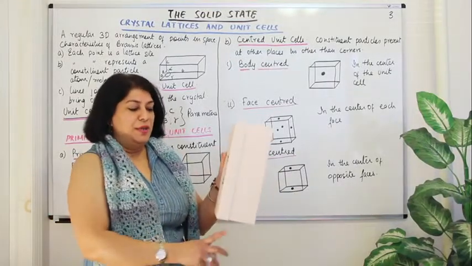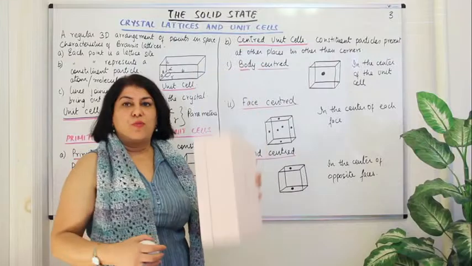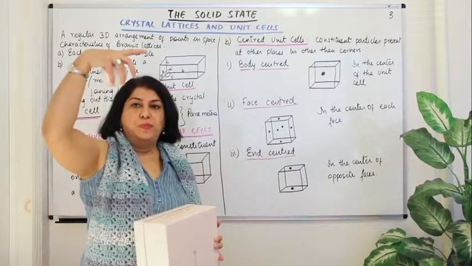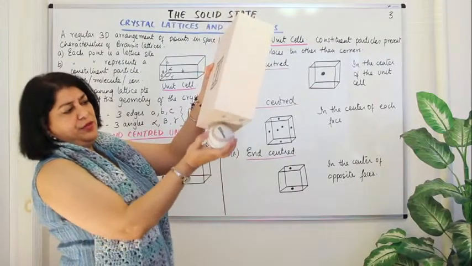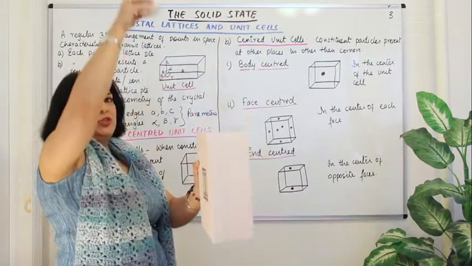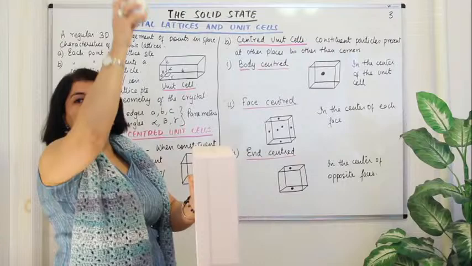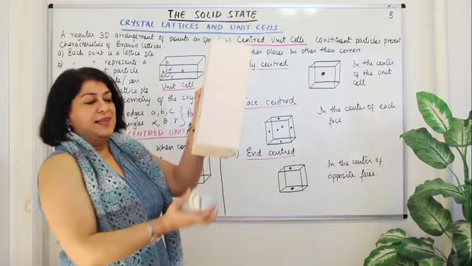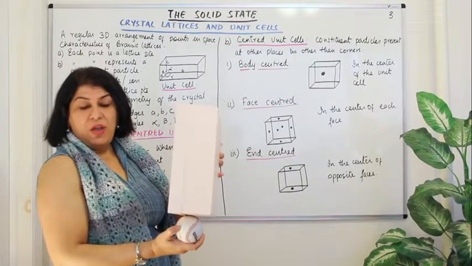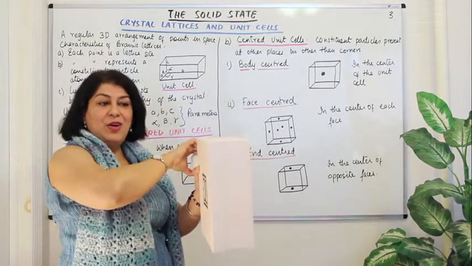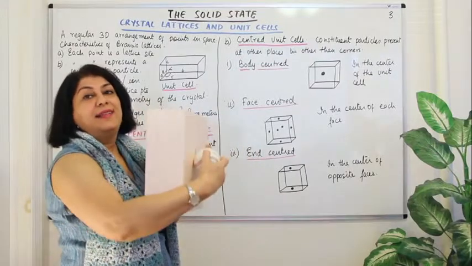End-centered is where only 2 ends are involved. If I imagine that you are hanging this box with a rope, and the rope passes through it, entering here and coming out here, the 2 opposite ends have constituent particles. The top and the bottom, or the front and the back, or this side and that side.